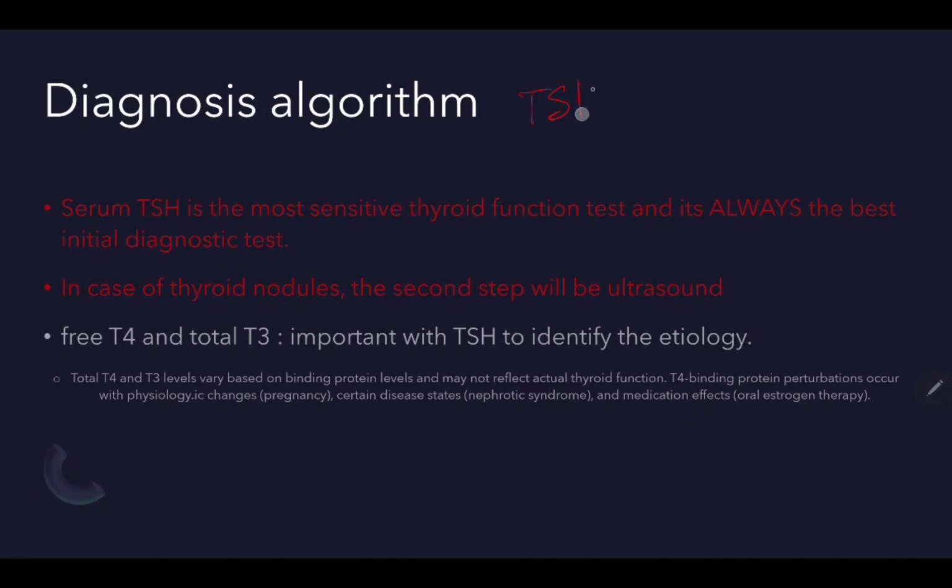See the TSH, because this is gonna guide you. If it's high, it means there's a hypothyroidism. But if it's low, then this is a hyperthyroidism. Of course, there are exceptions, but this is in most of the cases. Always check the TSH first.